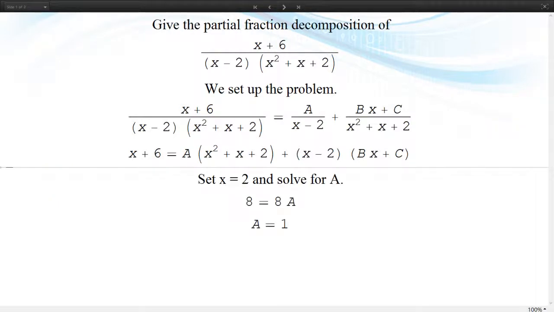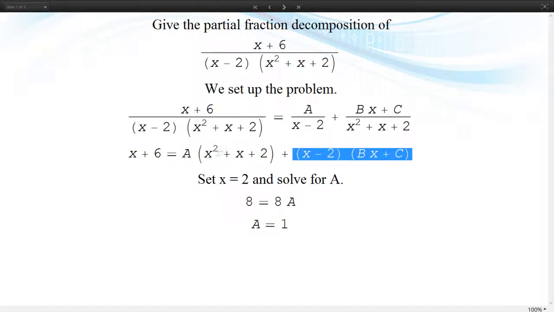Yes. So if we plug in x is 2, then this term becomes 0, which means that this becomes 0. This, of course, becomes 2 squared plus 2 plus 2, which is 8, and this side becomes 8 as well. So 8 equals 8a, so a equals 1.